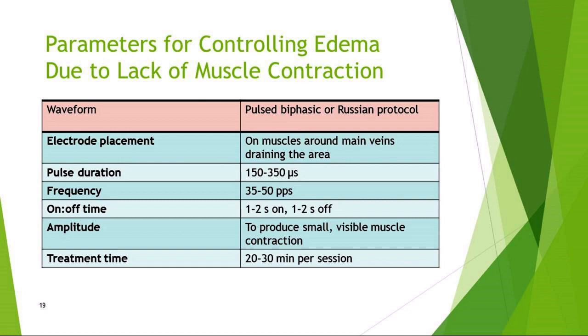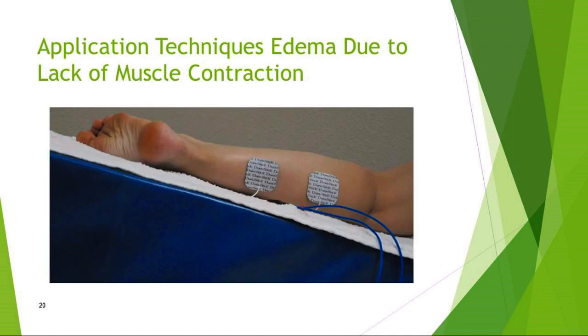Amplitude is set to produce a small visible muscle contraction, so we don't necessarily need tetany, we just need a little bit of a pumping action. We're going to do 20 to 30 minutes per session. With the limb elevated above the heart, we use gravity to assist the muscle pumping function.